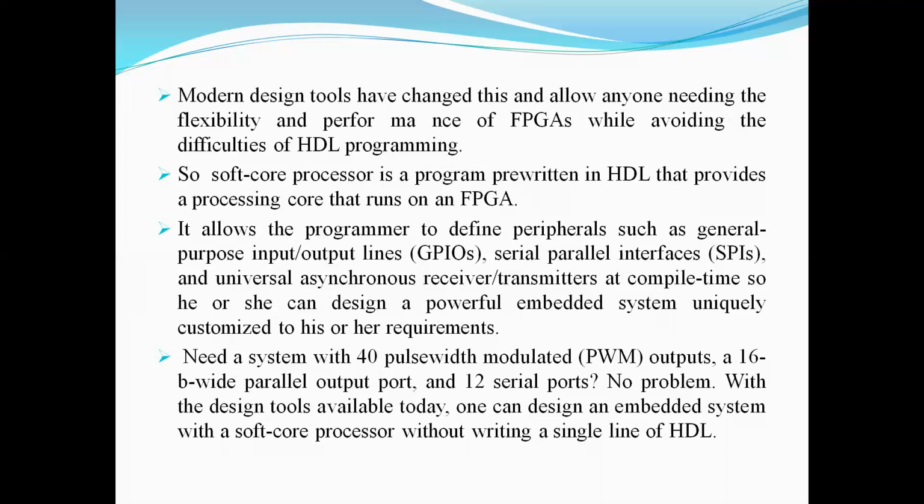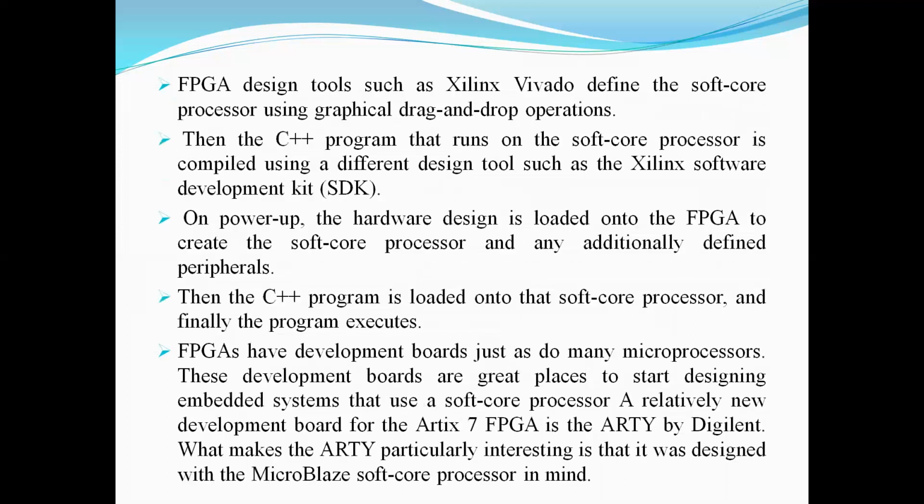One can design an embedded system with a soft processor without writing a single line of HDL. FPGA design tools such as Vivado define the soft processor using graphical drag and drop operations.